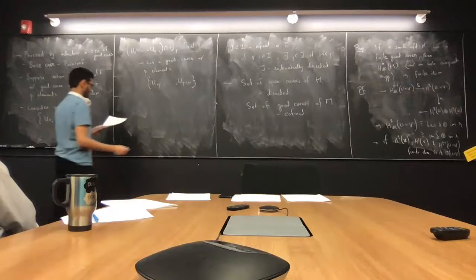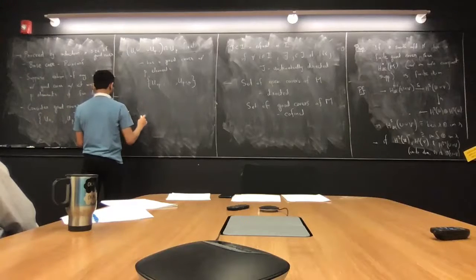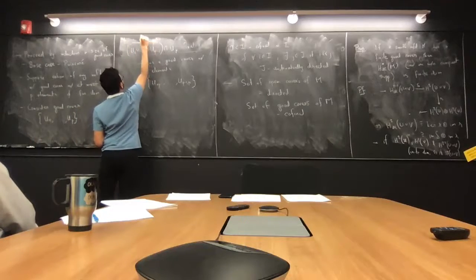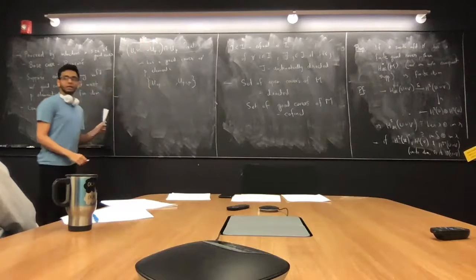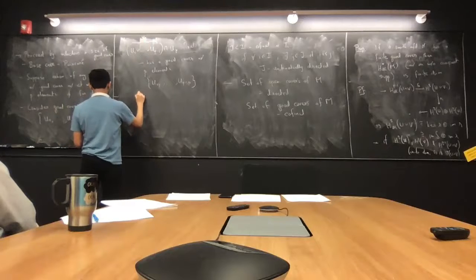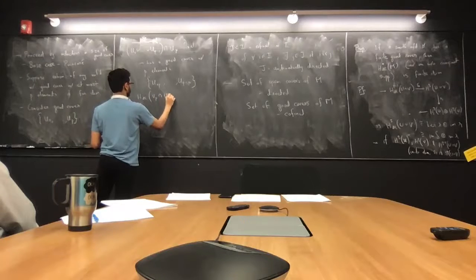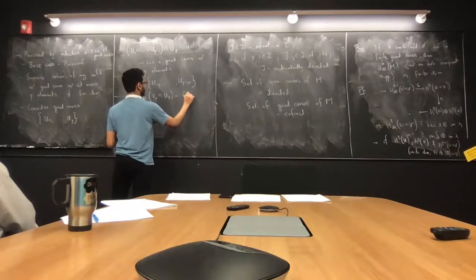So by our induction hypothesis, hold on, let me call this thing VP. So by induction hypothesis, HDR of VP intersection UP is finite dimensional.